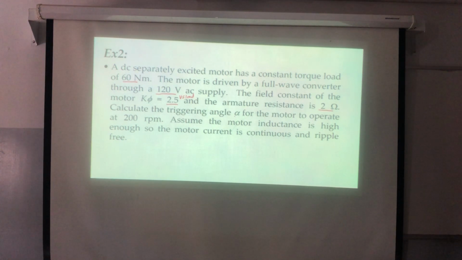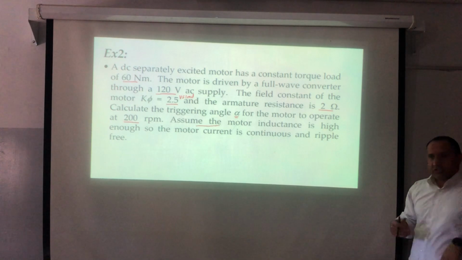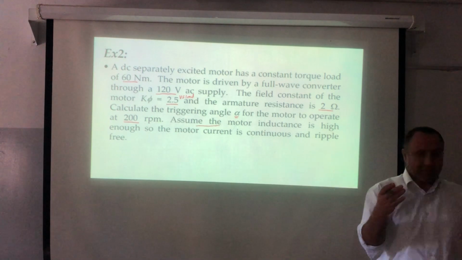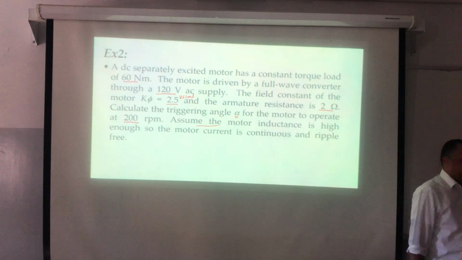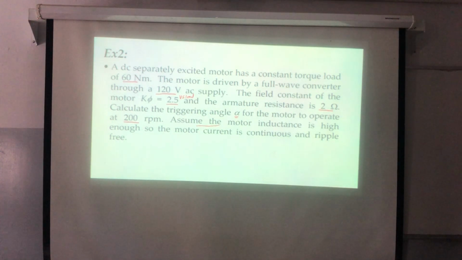I need to find the firing angle so that the machine is operated at 200 RPM. Of course, here I don't need to think about the ripple. I'm assuming sufficient inductance such that the DC current in the motor is ripple free. So how can I solve this one?